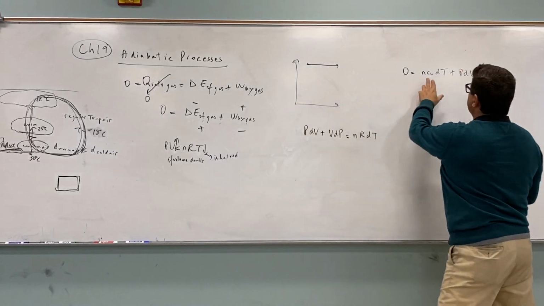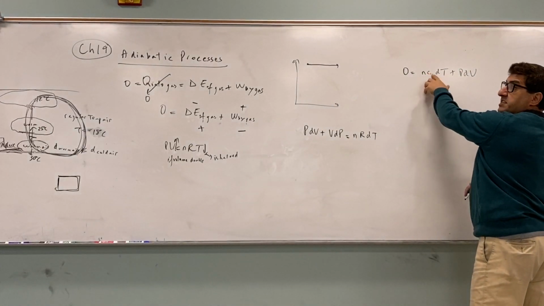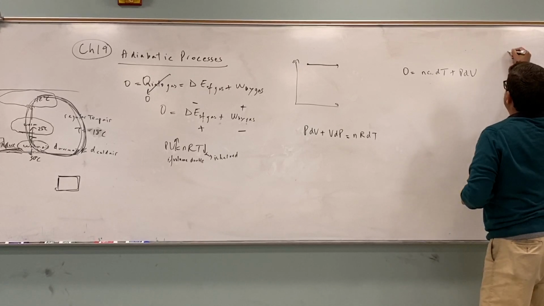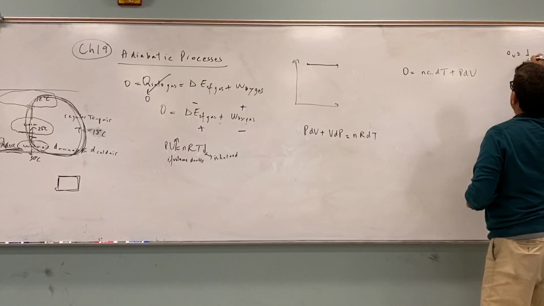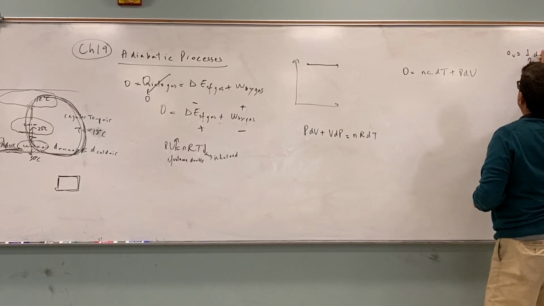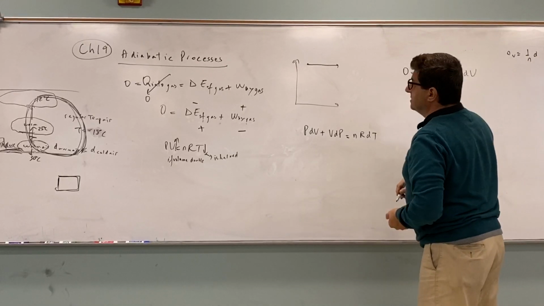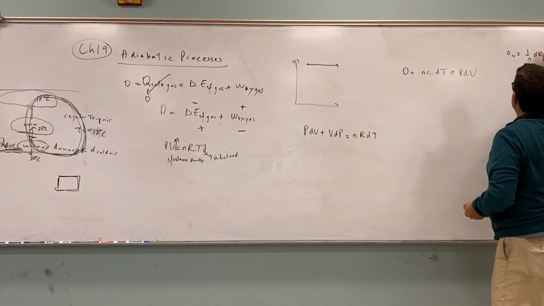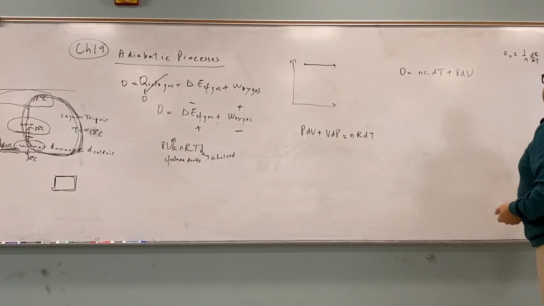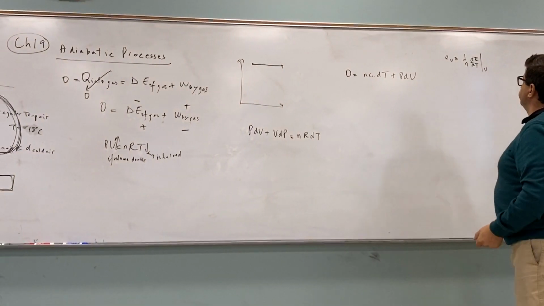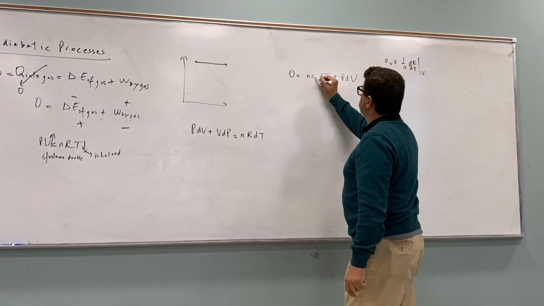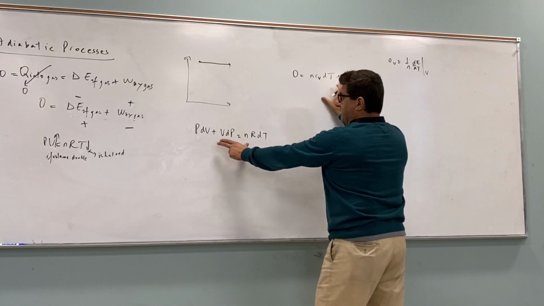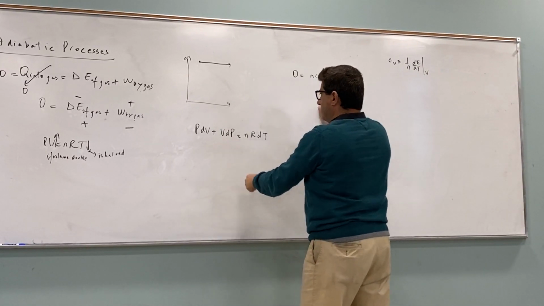So dE is equal to nCv dT. This is the definition of Cv. Remember, Cv is defined as 1 over n dE/dT at constant volume, right? So then that's going to be that. So then I'm going to combine these two, right?